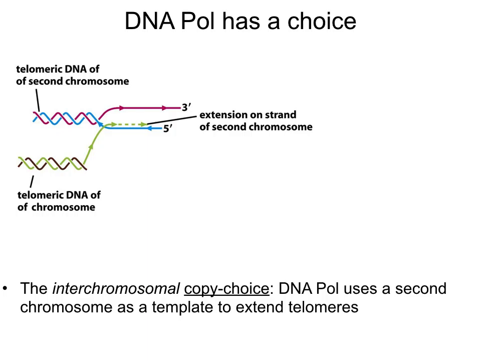So DNA Pol can effectively use another chromosome, since the telomere sequences are homologous to one another, and that second chromosome can serve as a template to extend the telomere of the first chromosome. So effectively, there's a mechanism to use regular DNA polymerase rather than telomerase to extend the template.